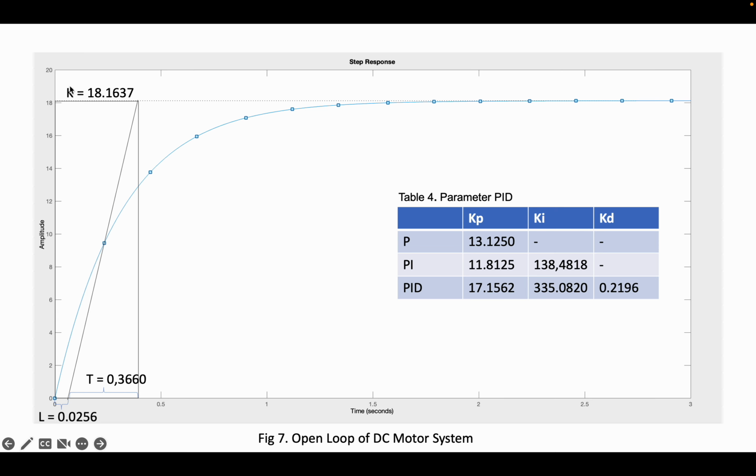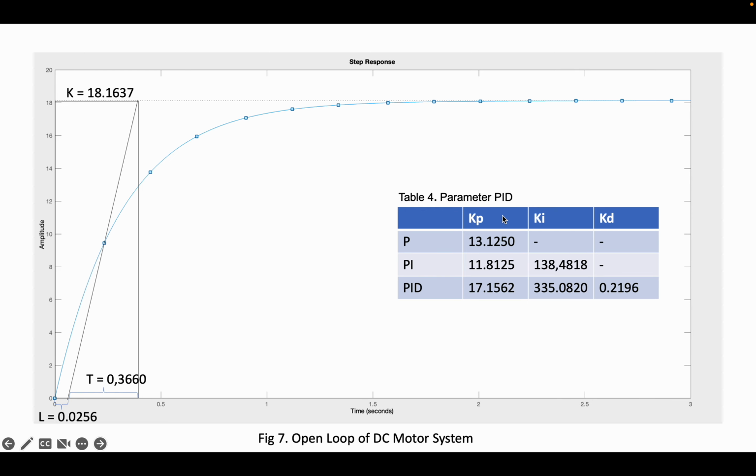So I get K equals 18016, T equals 0.36, and L equals 0.025. After I get these parameters, I can find the PID parameters that I can use in the PID controller.